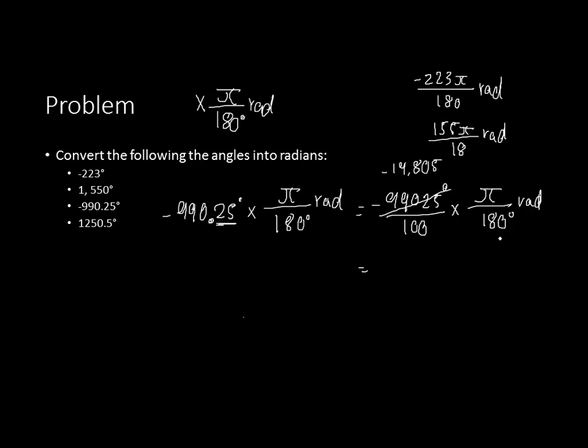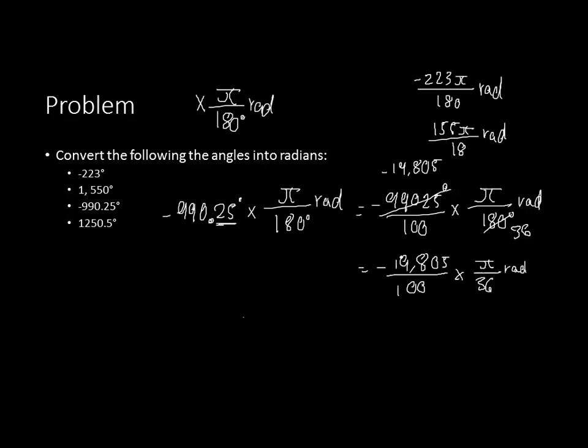Then here, 180 degrees divided by 5 degrees, that is 36. So here we will have negative 19,805 all over 100 times pi all over 36 radians.